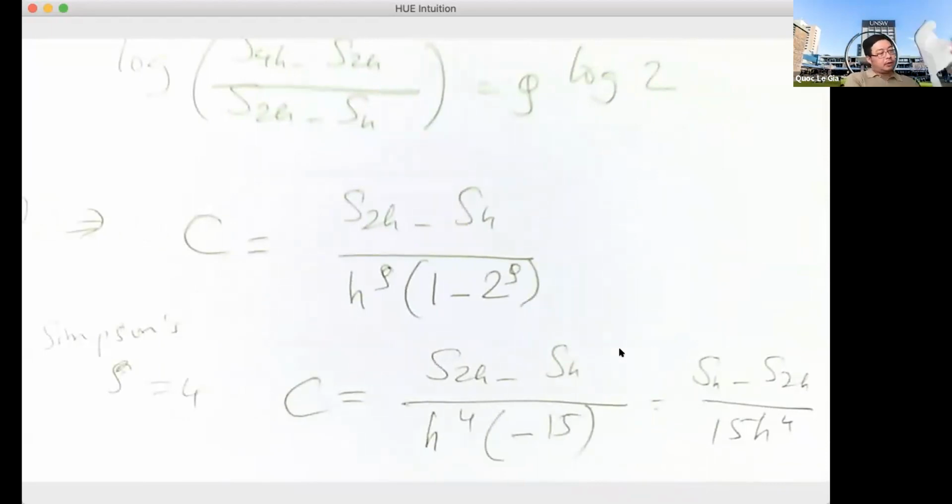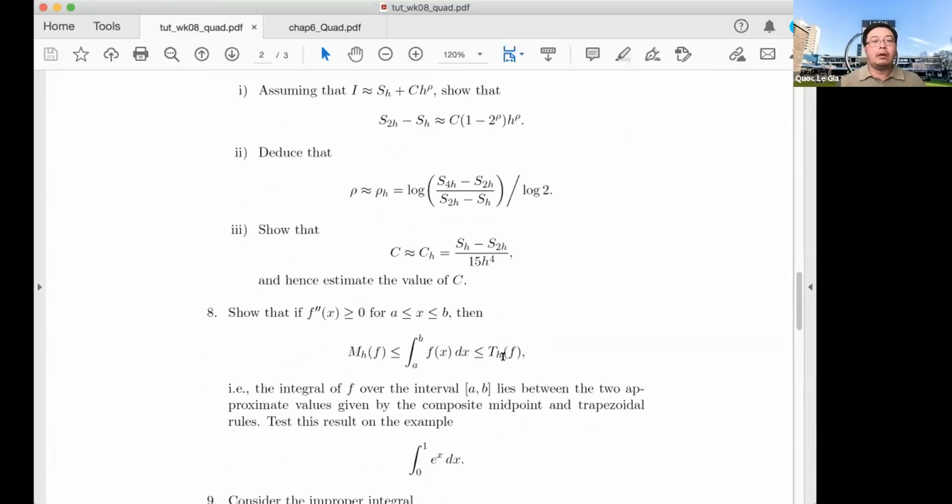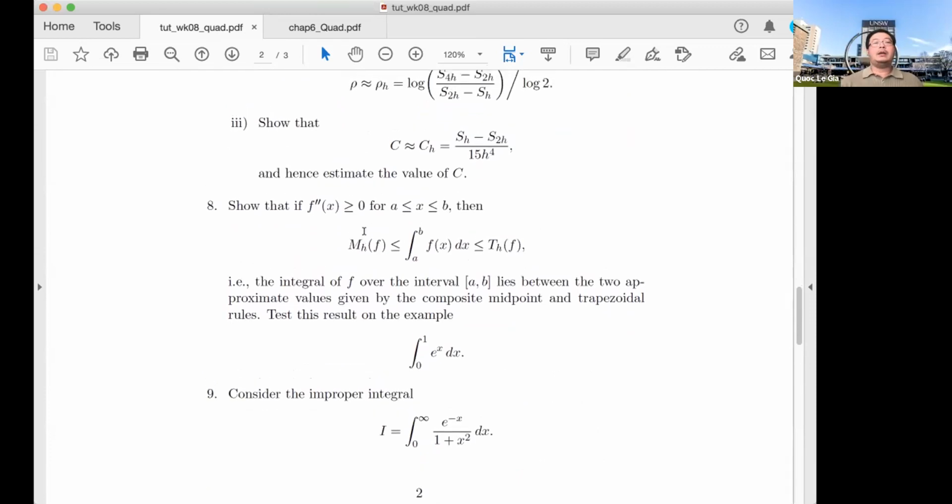Any questions so far? Everything is very clear? Okay, number 8. Going back to the question: show that if f double prime is positive, then the exact integral is in between the midpoint rule and the trapezoidal rule.